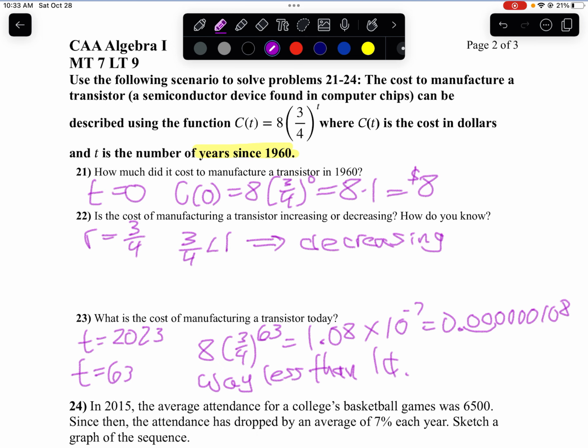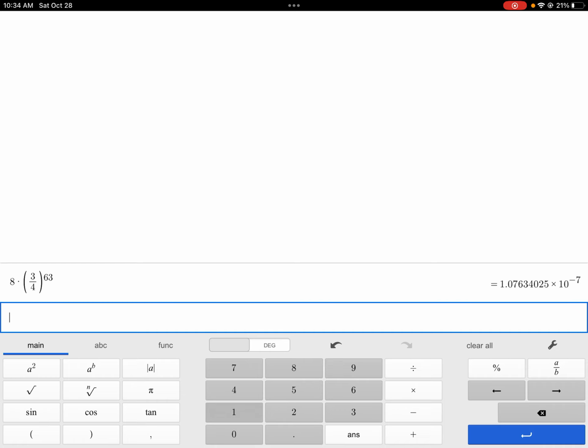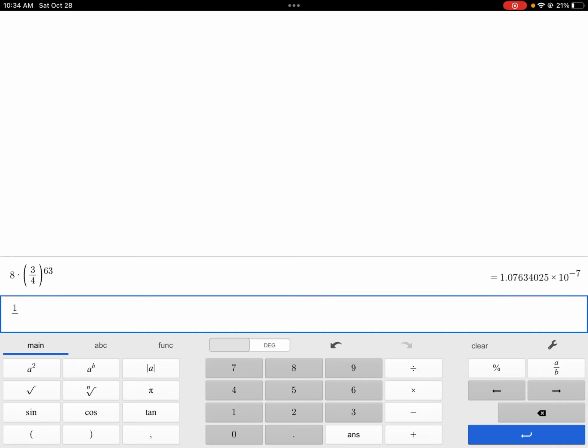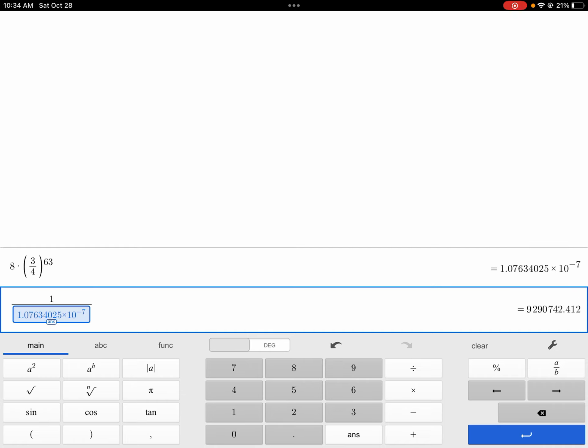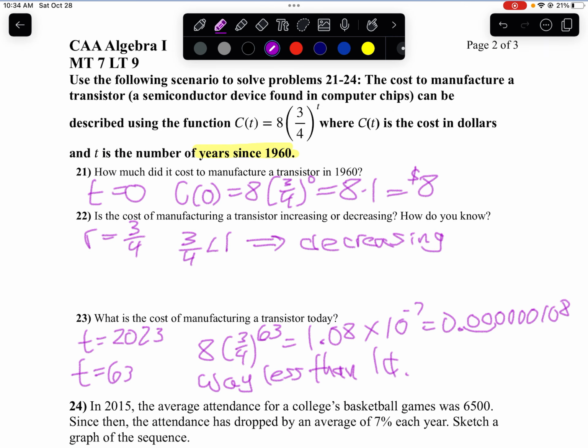Now, let's turn it around. They didn't ask this, but how many transistors could you make for a penny? Well, if I just take 1 cent divided by how much it costs for each one, I'll get about 9.2 million transistors. Okay?